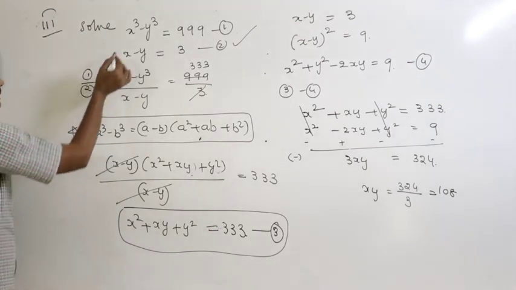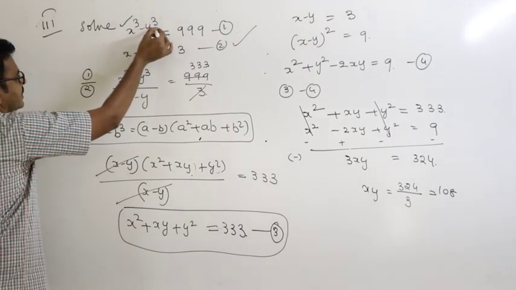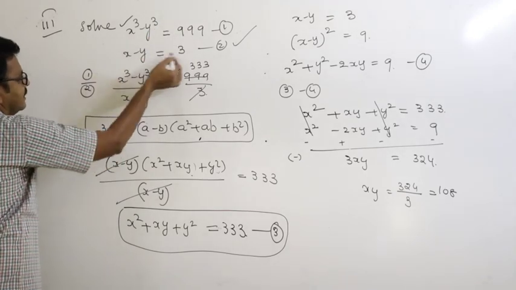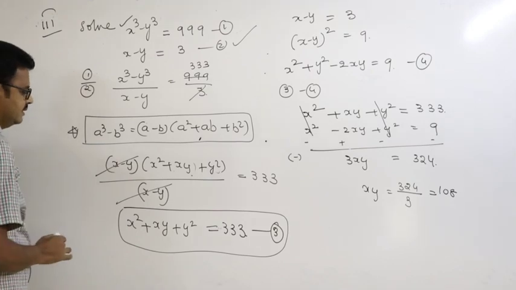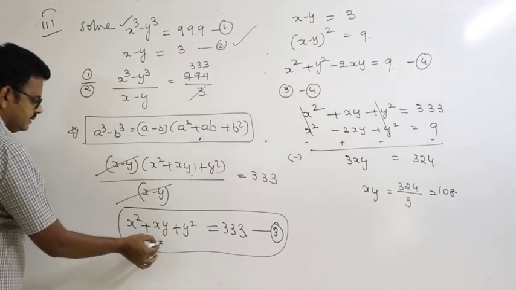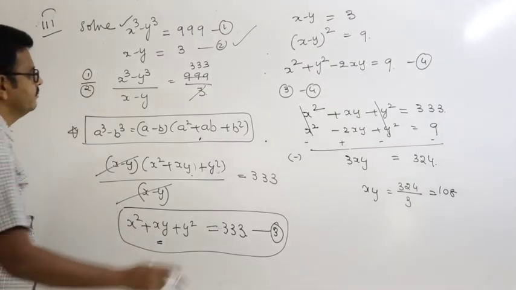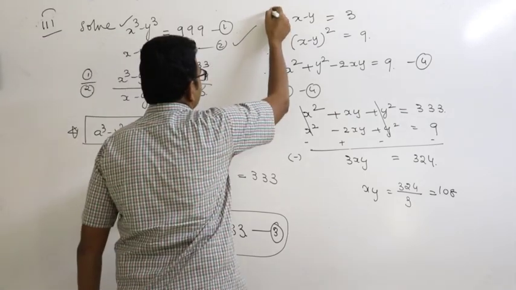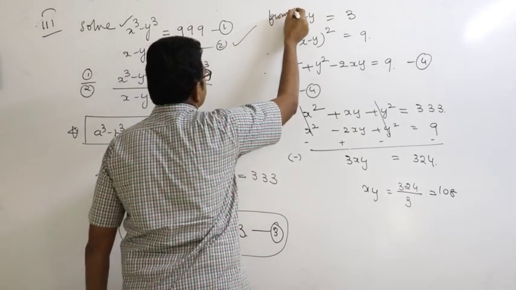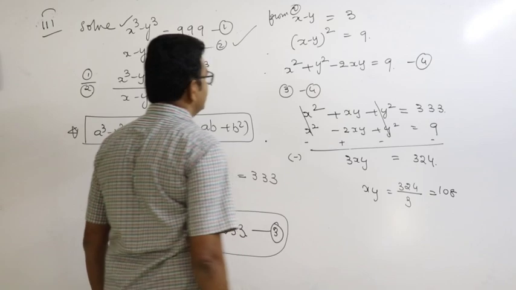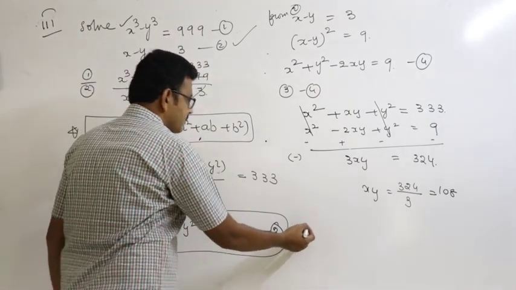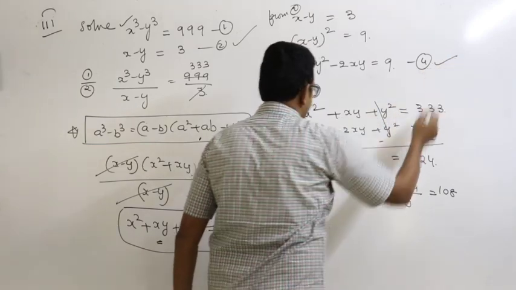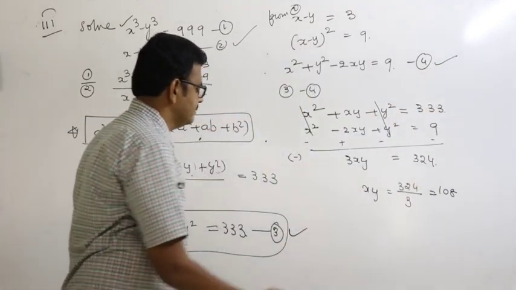Just repeat once. x cube minus y cube is given. x minus y is given. I am considering first equation by second equation, so we get this equation. And from the second one, x minus y whole square equal to 9. Now from 3 and 4, subtracting 3 and 4, you will get xy.